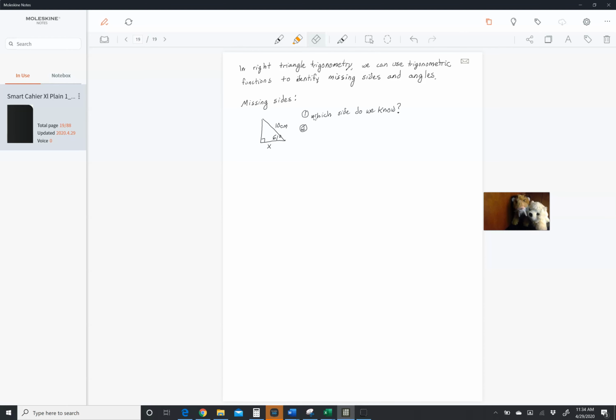Your second question is, which side are we trying to find? So your first step here is to label your triangle, because you can't figure out which side we know and which side we're trying to find until we label the triangle, okay?